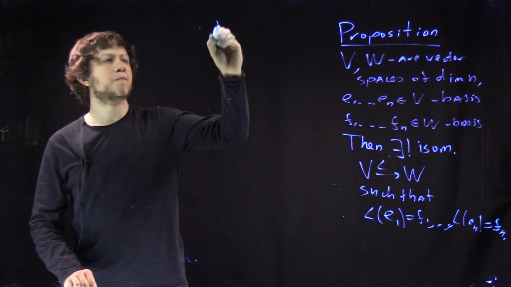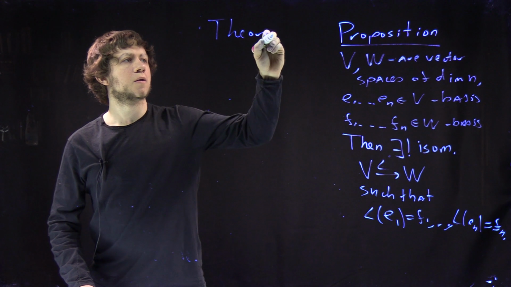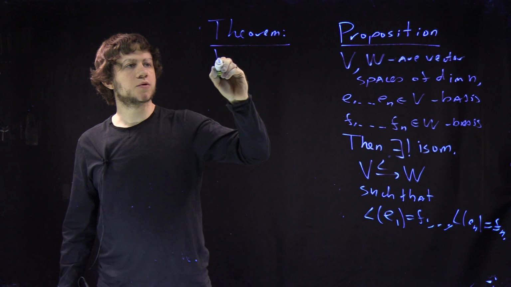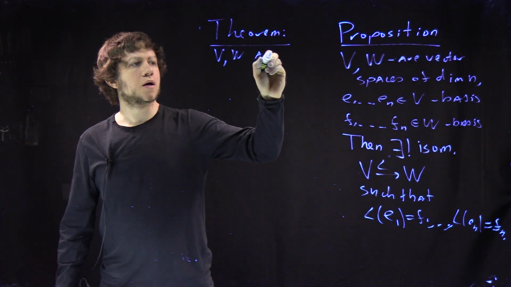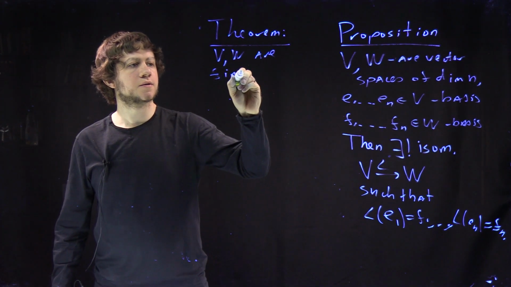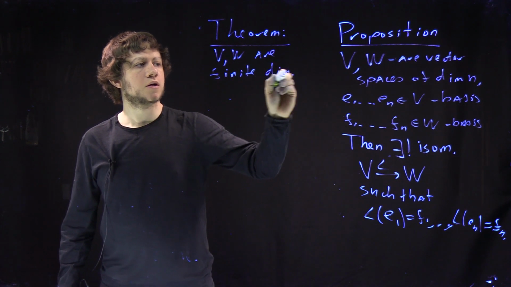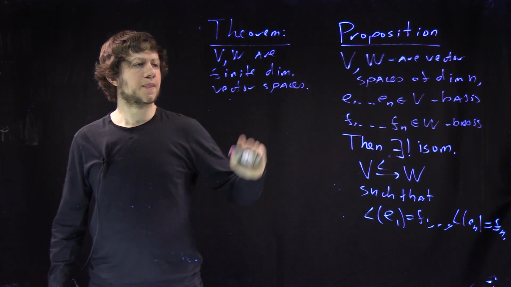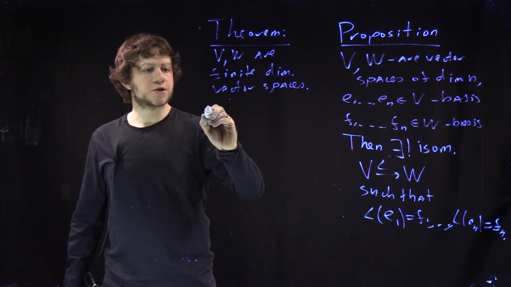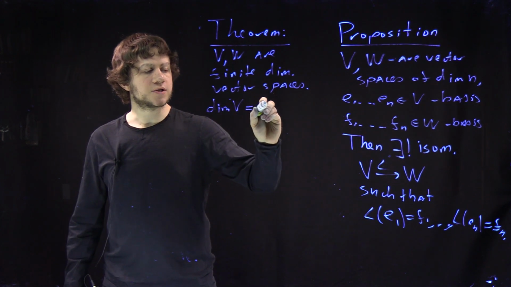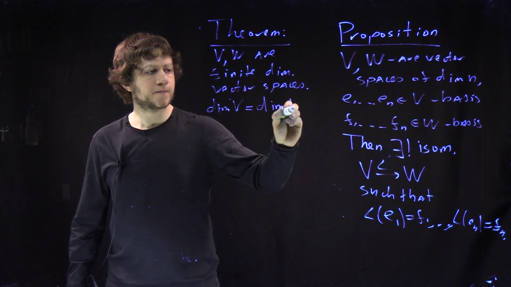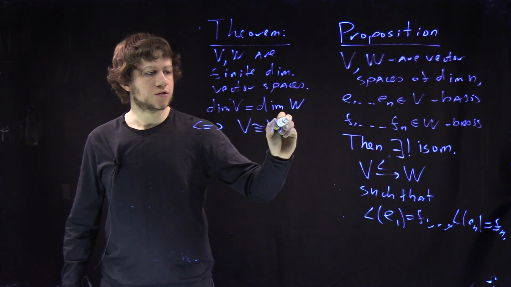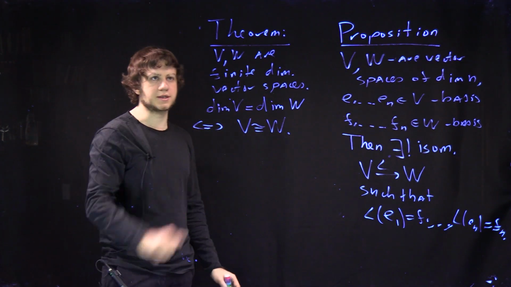So now the theorem. Suppose V and W are finite dimensional vector spaces, and then the dimension of V equals the dimension of W if and only if V is isomorphic to W. So that's the statement.